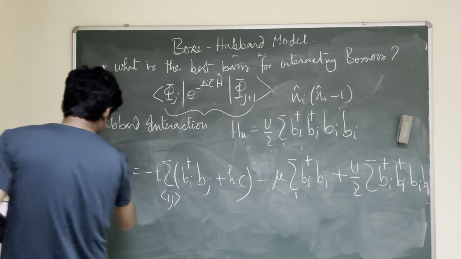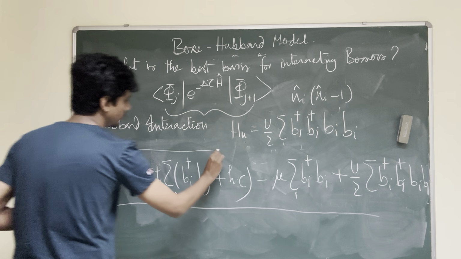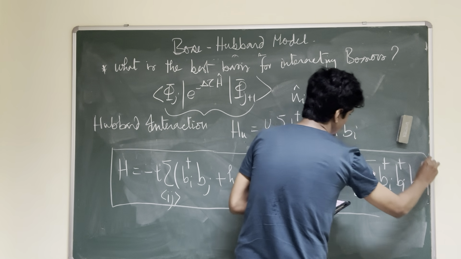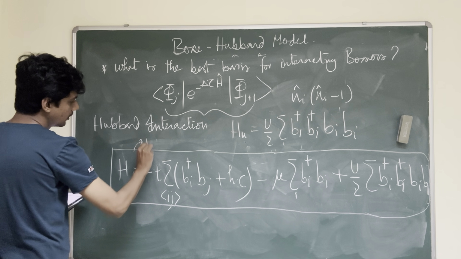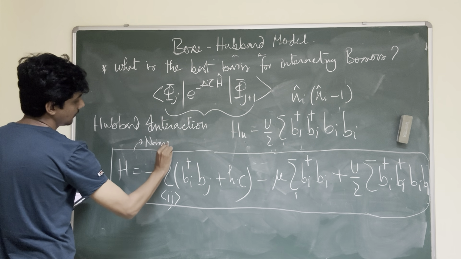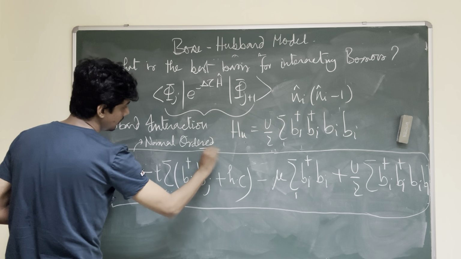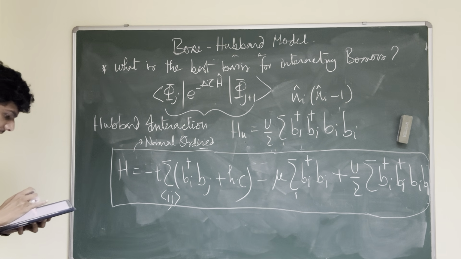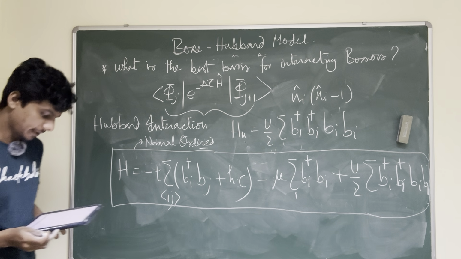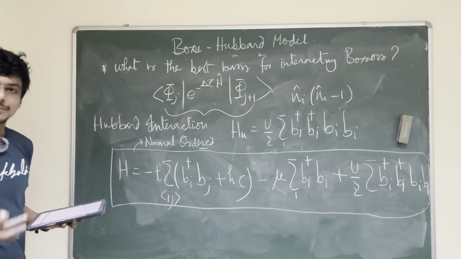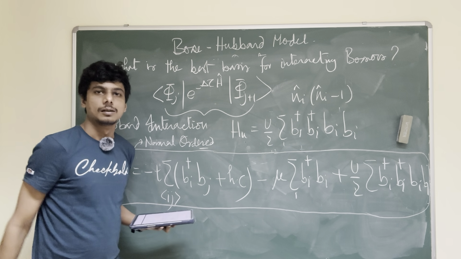So it's our complete Hubbard Hamiltonian for the bosonic system after normal ordered form. So the ideal solution is the basis of the eigenstates of the annihilation operator. This is our best basis we can use in the non-interacting bosonic system.